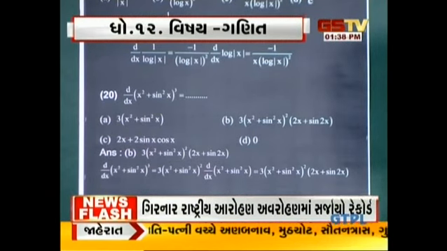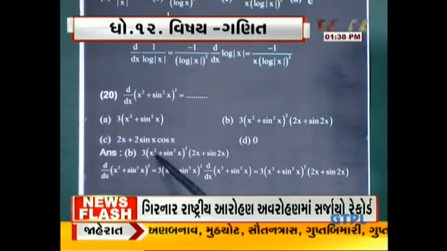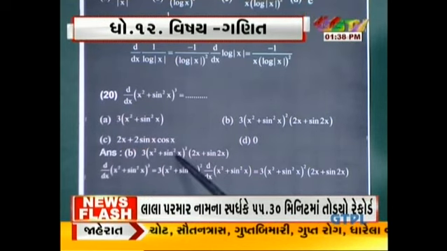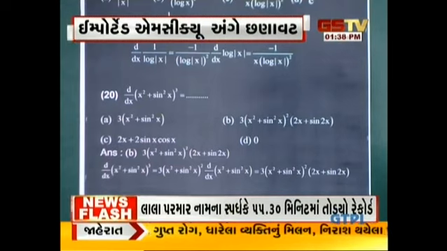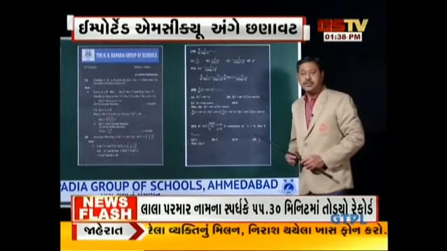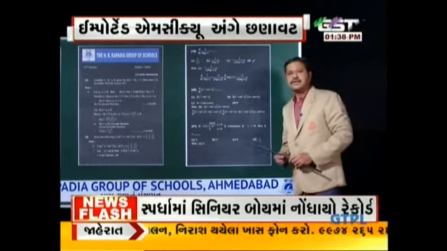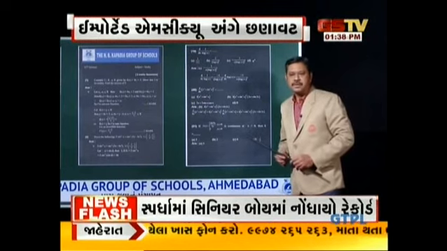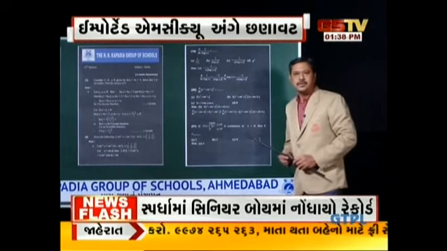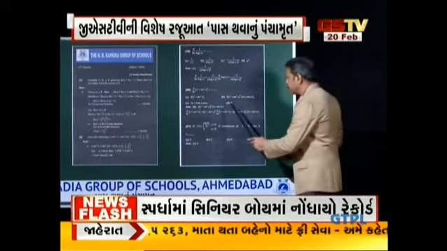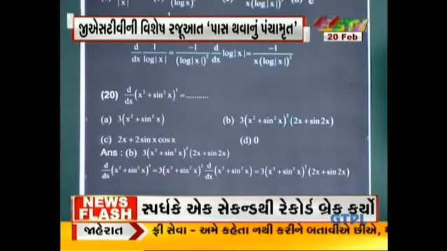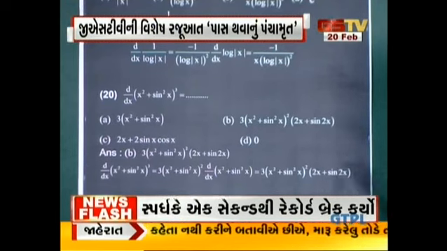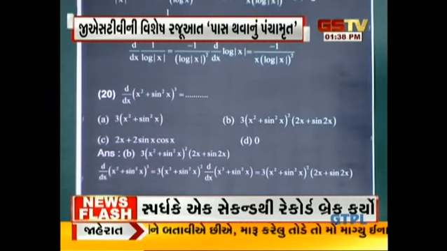Now apply chain rule, derivative of x square is 2x and derivative of sine square x is 2 sin x, and again sin x derivative is cos x. So 2 sin x cos x, all of you know very well student, 2 sin x cos x is a result of sin 2x. So here the answer is 3 into x square plus sin square x raised to 2 plus 2x plus sin 2x.